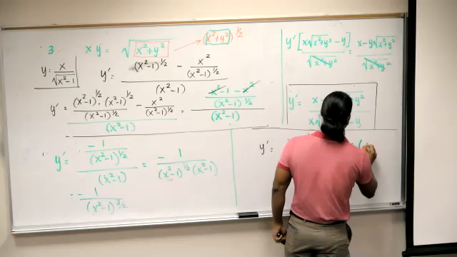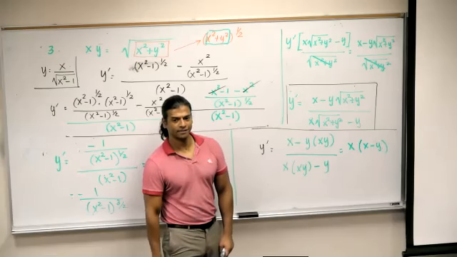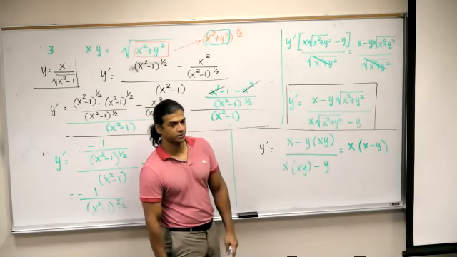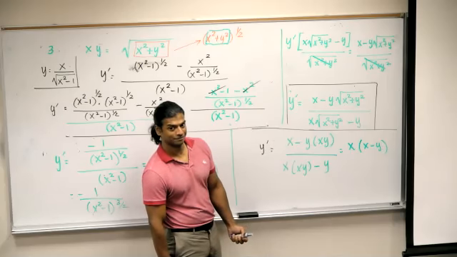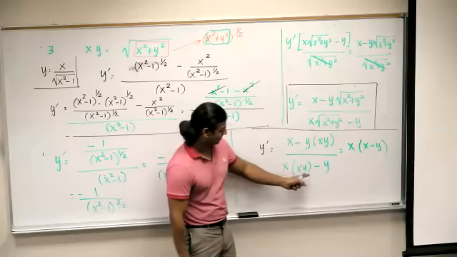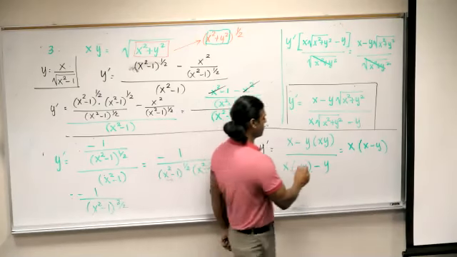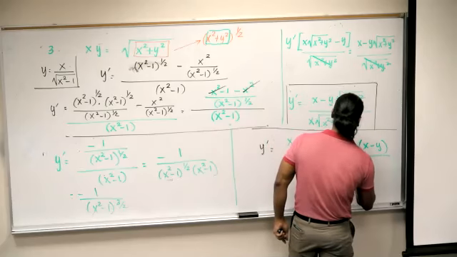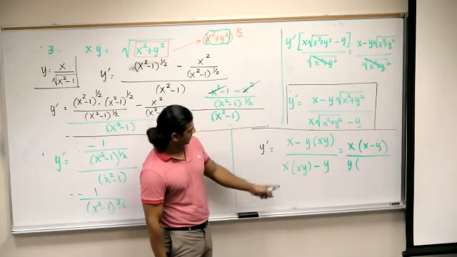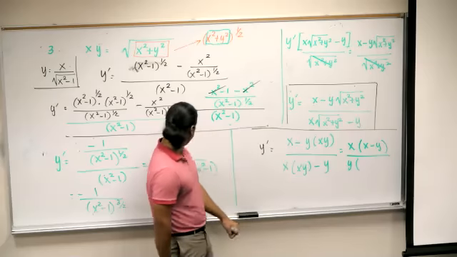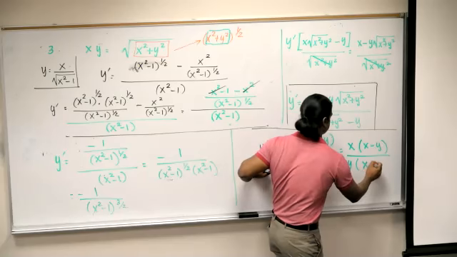So you have x times (x minus y). Correct? In the denominator, what do we have in common? y here, y there, y in common. So if I pull y out, what do I have left? X.